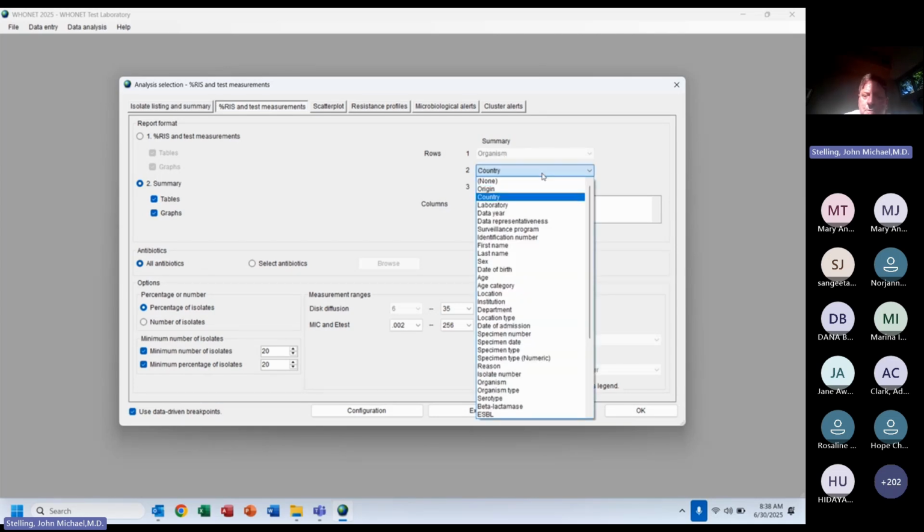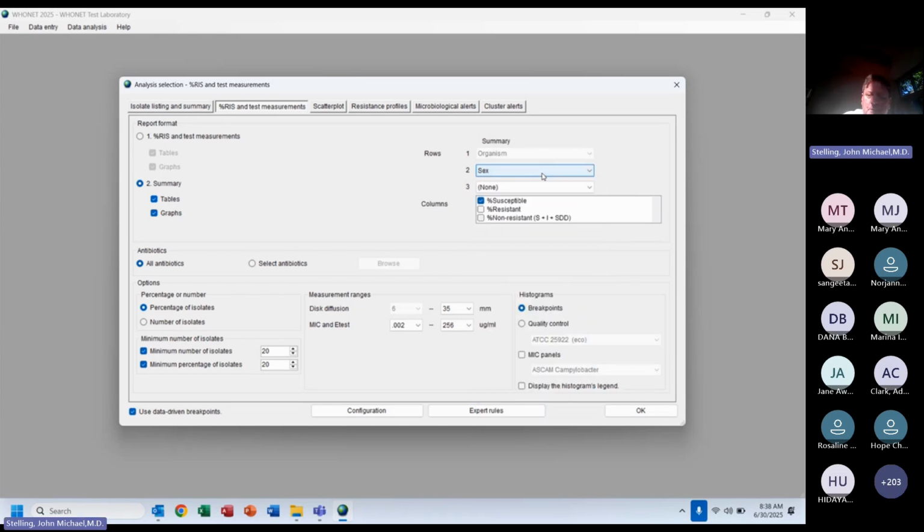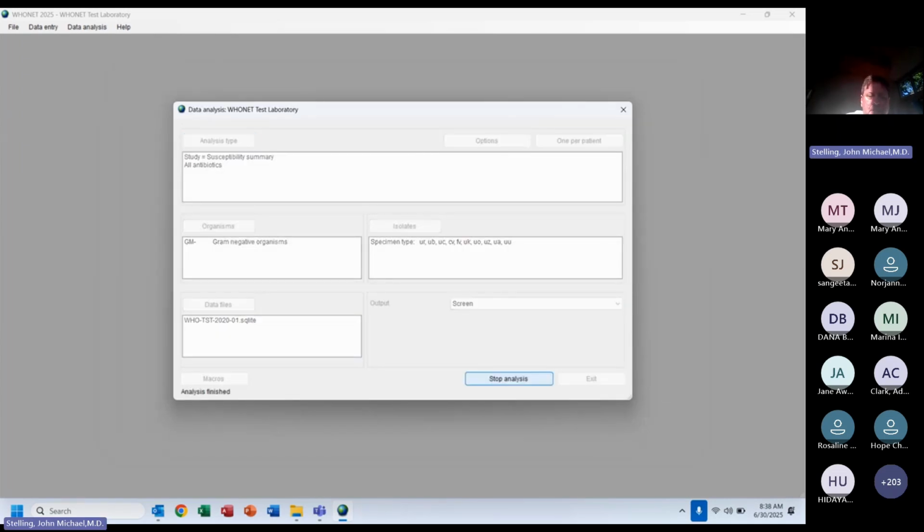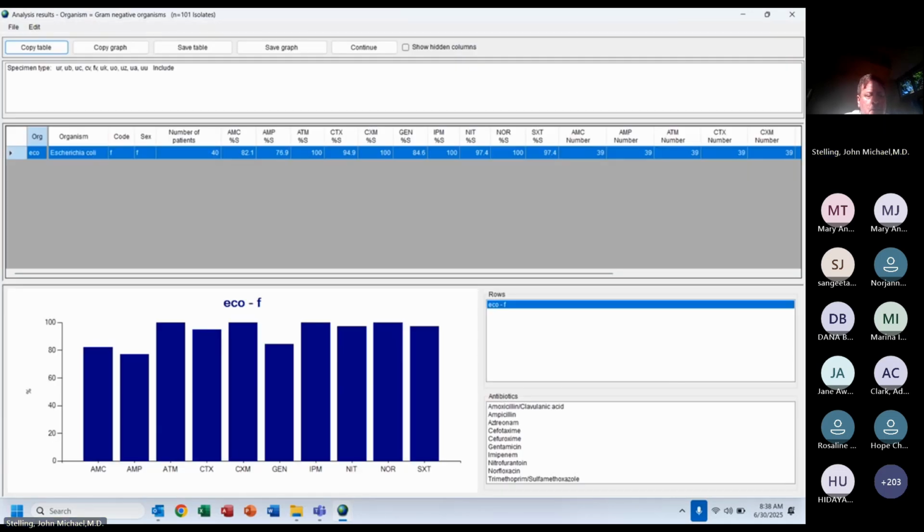But I also want to do this, for example, by sex. I click on OK. I click on begin analysis. Oh, okay, and they were all female. Normally, you would see 1 row for the female results and 1 row for the male results. In this particular small data set, there were no male isolates. But at least I'm showing you how it would work.